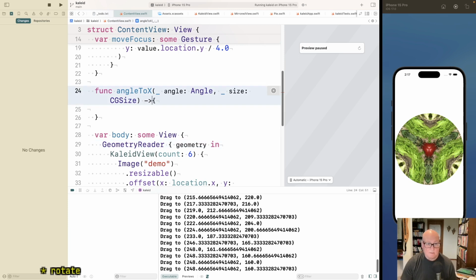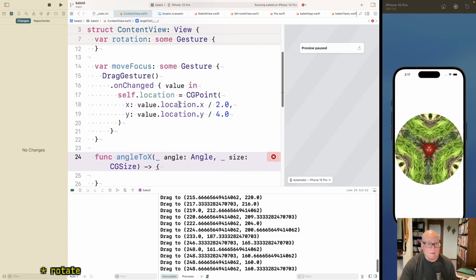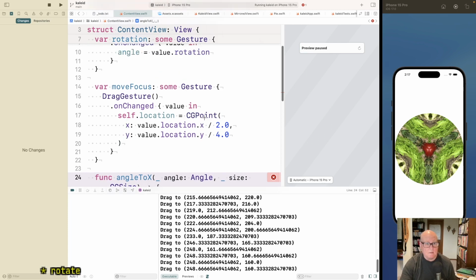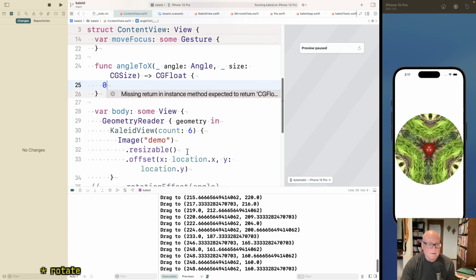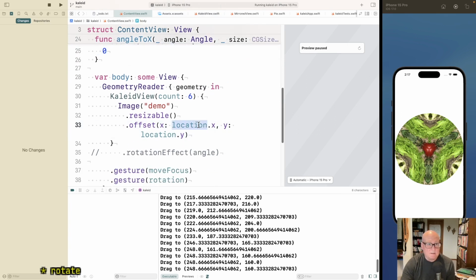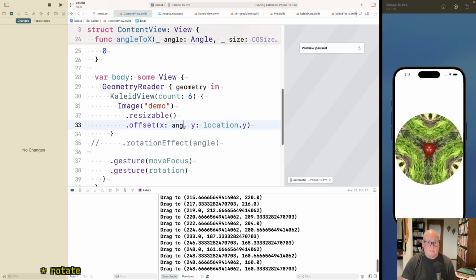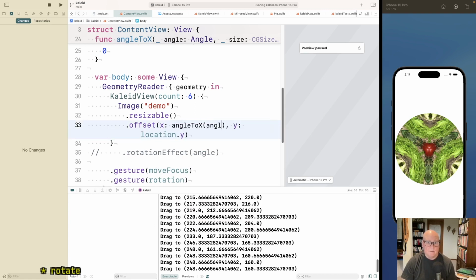Okay, and this returns a CG point is 2 float. So I think it returns a CG float. Okay. And let's return 0 for now. Okay. And then the offset is angle to x for angle and size.